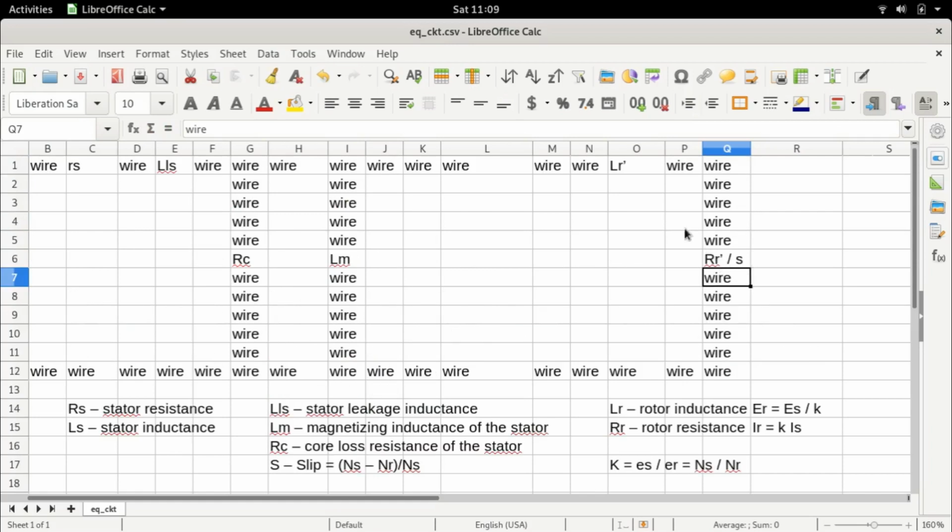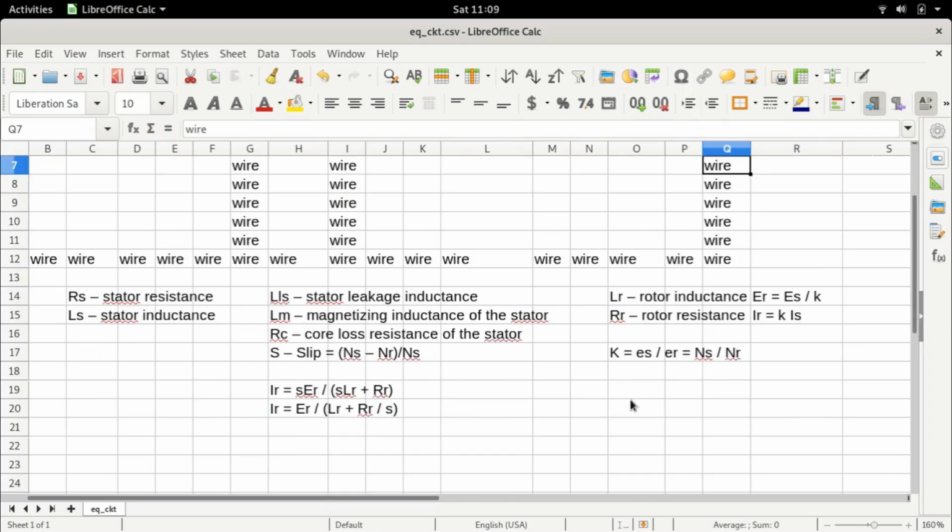So how do I arrive at these? Again, this has been discussed before. Let me talk about it here. If we use these equations, we say that ES is equal to K into ER.